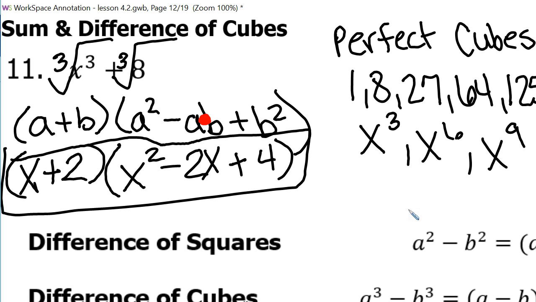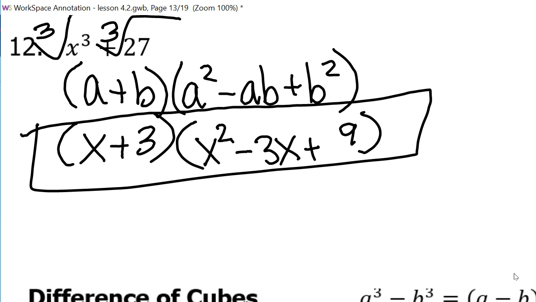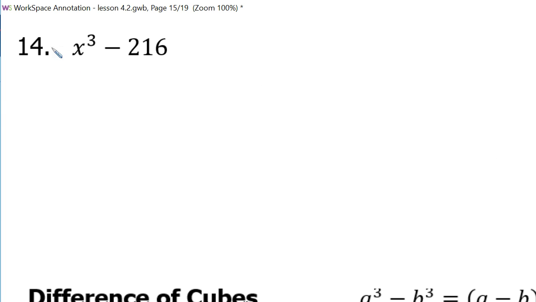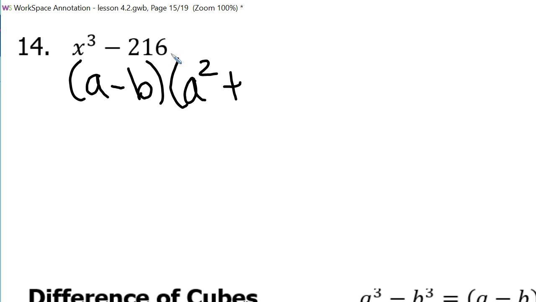So the formulas look pretty similar, it's just the signs change in two places. The formula is A minus B, and the trinomial, everything's positive. So this is A squared plus AB plus B squared.